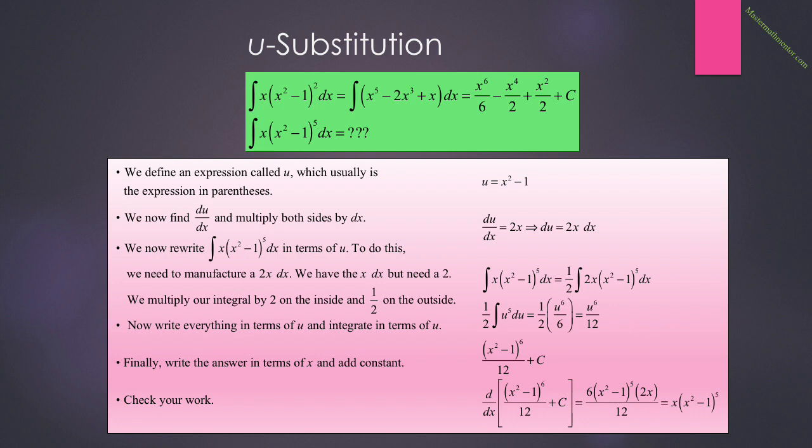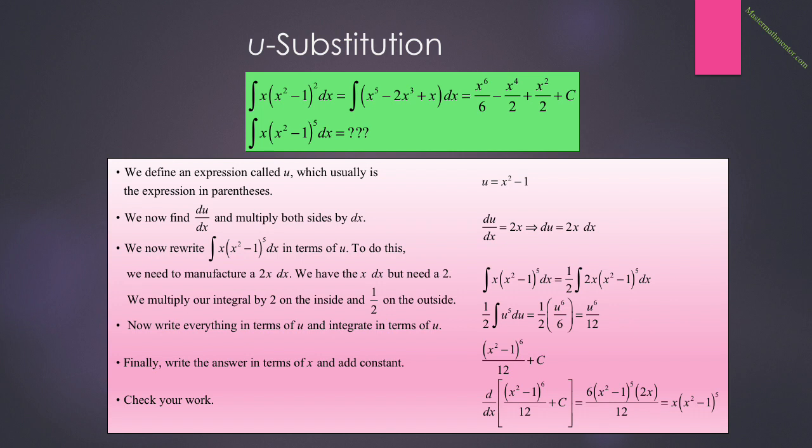Our next step will write everything in terms of u and then integrate in terms of u. So this problem becomes 1/2 the integral of u to the fifth du. Remember, du, as we've seen above, is 2x dx.